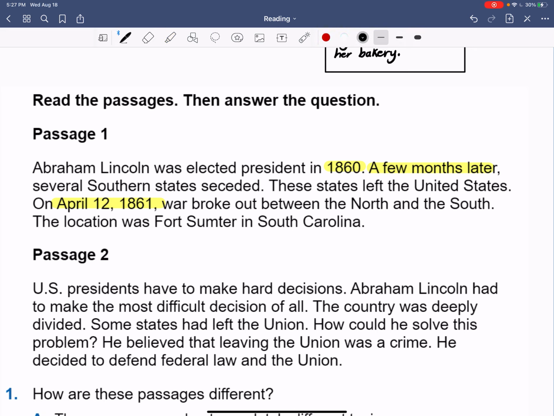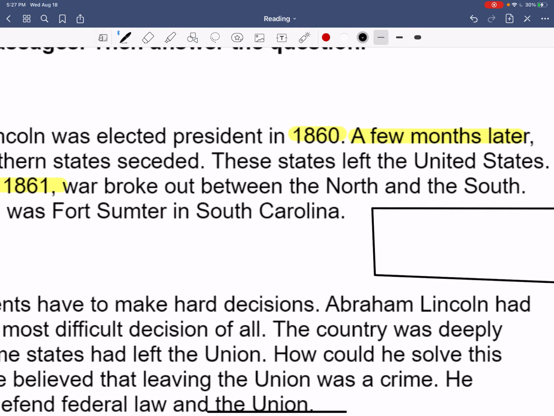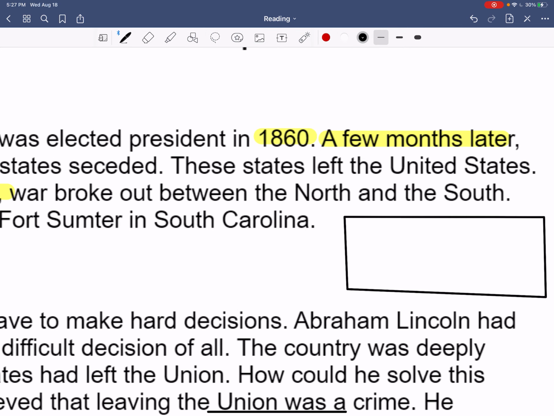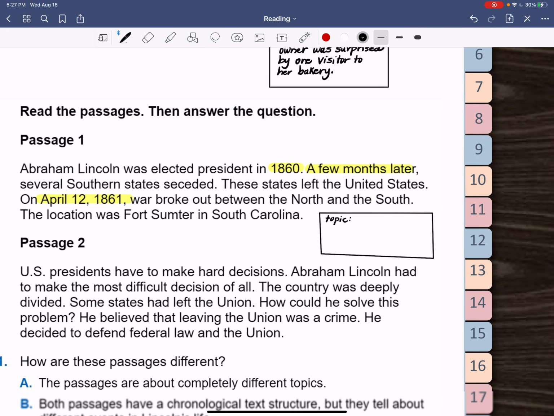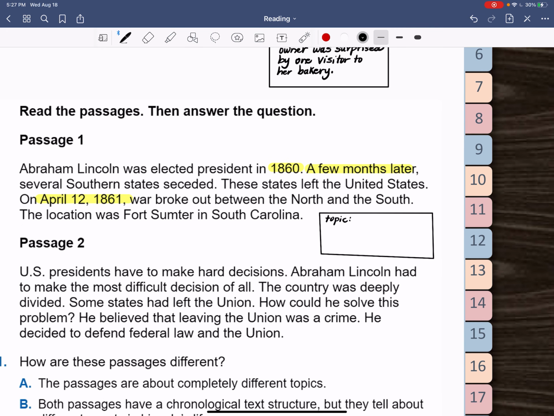So when I first started reading this passage, I thought, oh, this is about Abraham Lincoln, because that's the first sentence, and that should be my main idea. But remember, that's not always the case. So the topic of this, it tells me Lincoln was president, which really has nothing to do with anything here.